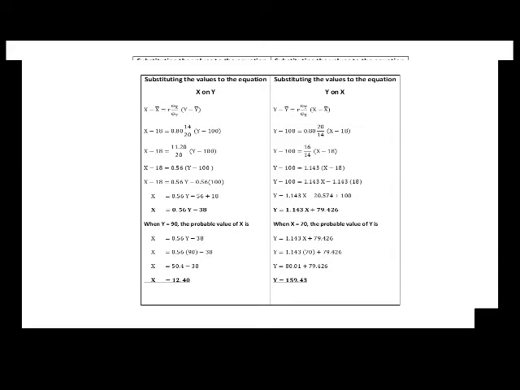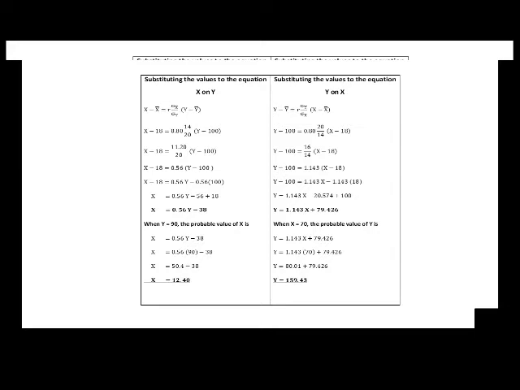In the same way, substitute the values into the y on x equation: y minus y bar is equal to correlation times standard deviation of y divided by standard deviation of x, times x minus x mean. So putting the values, y minus 100 is equal to 0.80 into 20 divided by 14, times x minus 18.